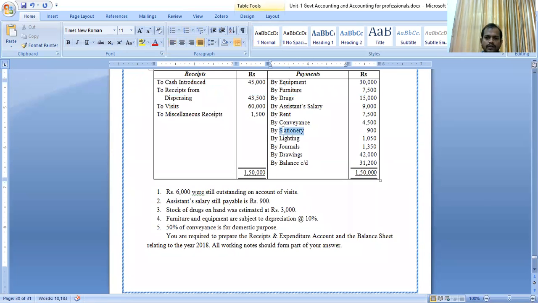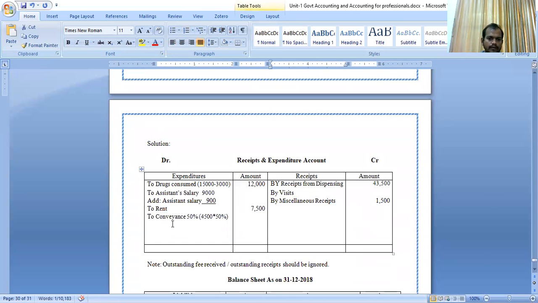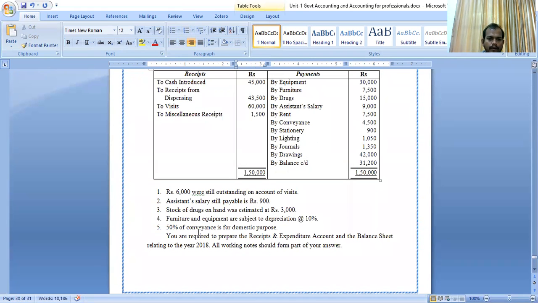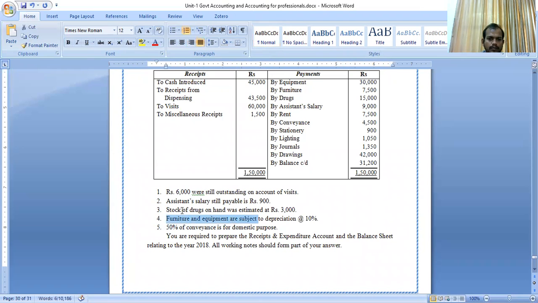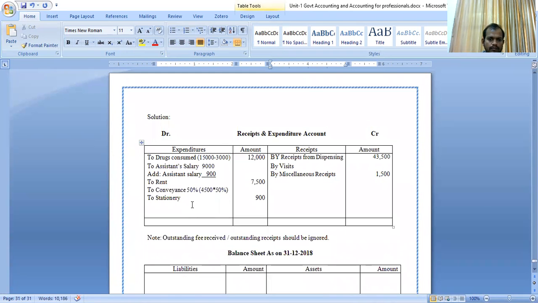Another one is stationery 900. So furniture, equipment, stock. Lighting 1,050.